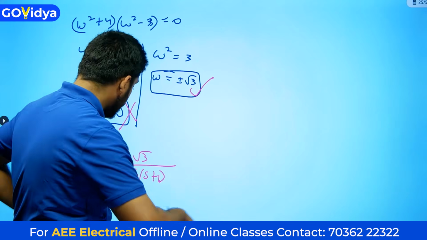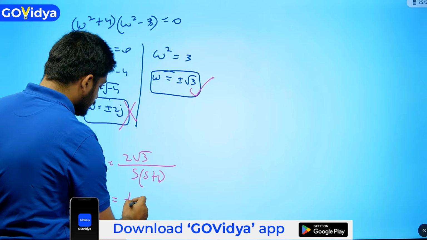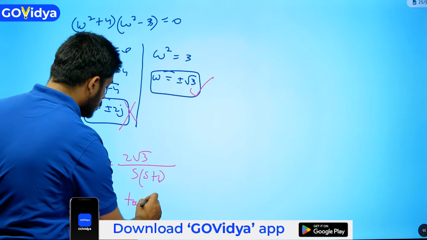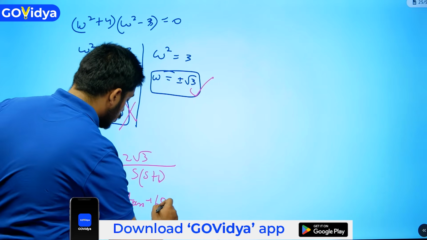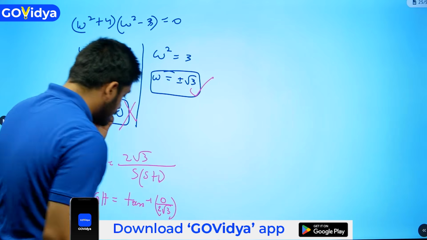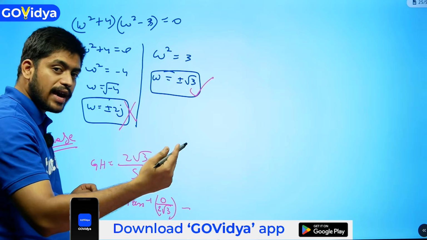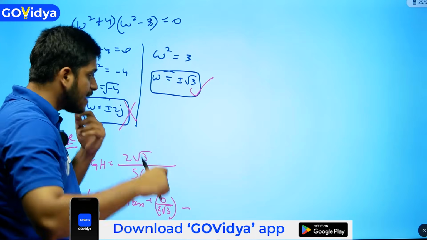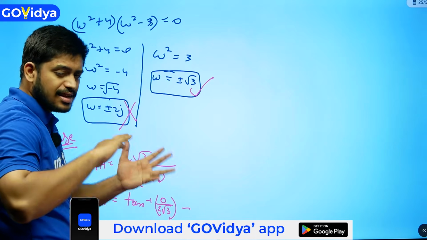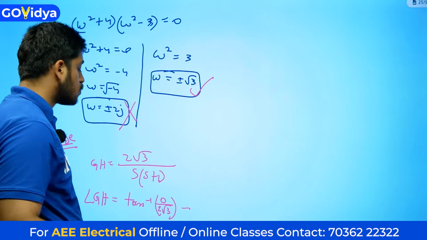For finding the angle, the imaginary part is 0, so tan inverse of 0 by 2 root 3. This is the first one. Next, minus of, here S is nothing but J omega. What is the value of omega there? Root 3. I won't consider it as minus root 3. Let us keep minus aside and consider it as plus root 3 only.